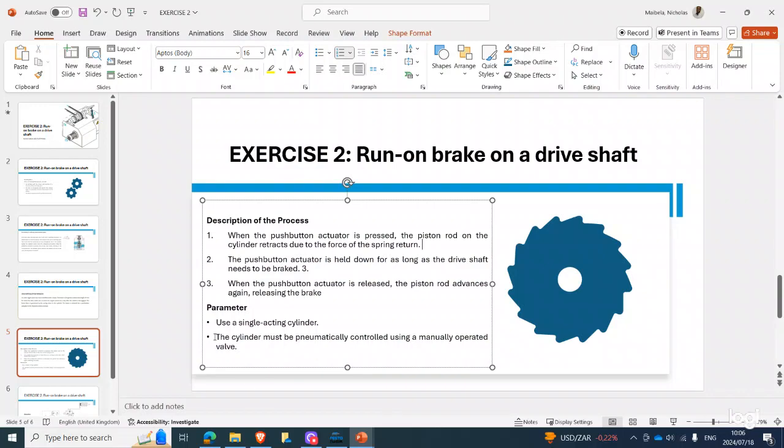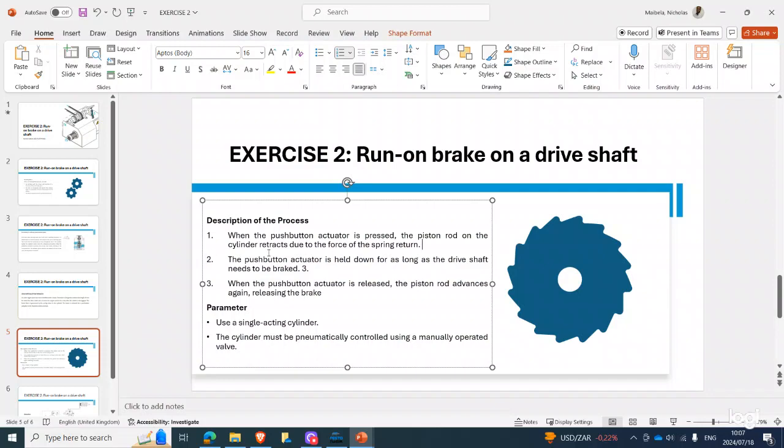So you should know that the cylinder at its initial point in this circuit is supposed to be in an advanced position, and when you press the push button, it's supposed to retract.